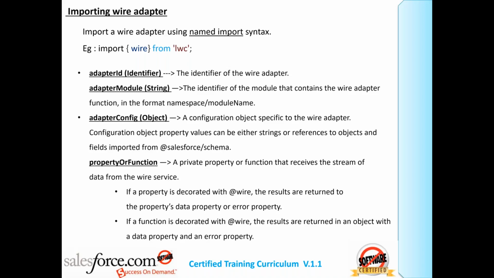Hence, if you're connecting to multiple objects, the system doesn't accept it. The reason is that the wire adapter generates one unique ID for the data connection, because wire adapter is based on LDS, Lightning Data Service. Even though in the program we have connected multiple objects, whichever object it connects first, the ID generates on that, and the remaining objects are ignored.